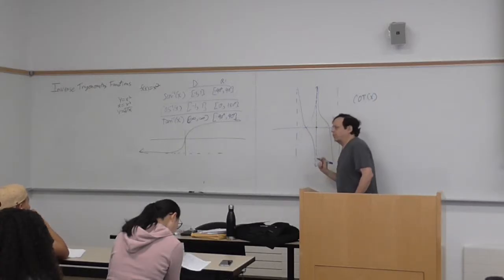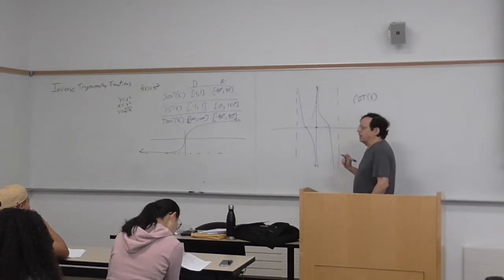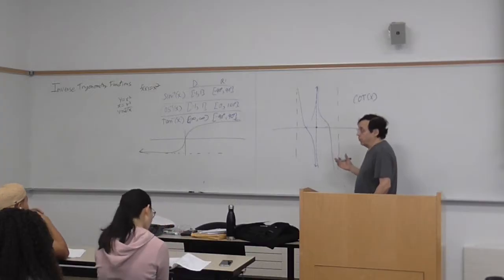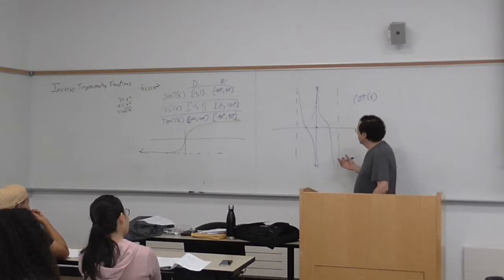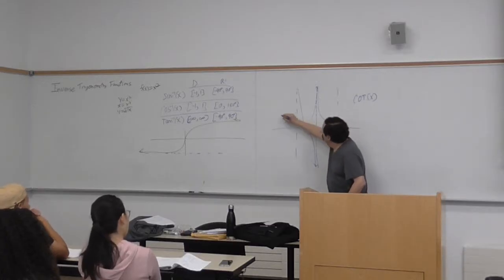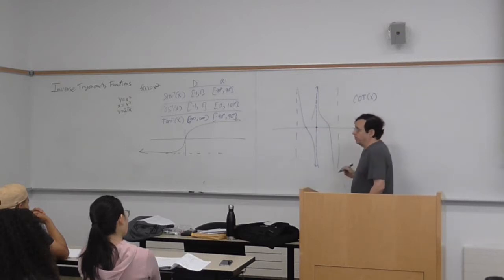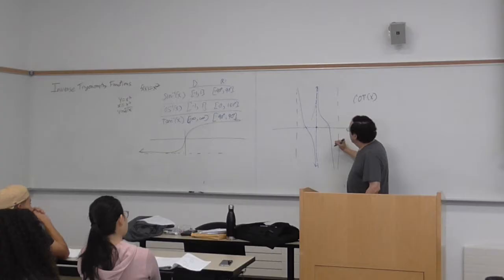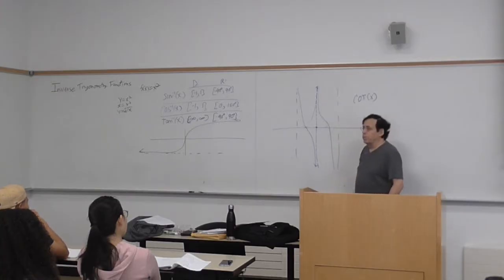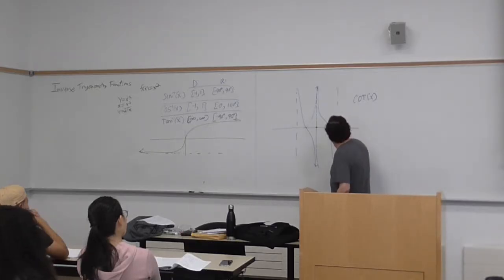I want to restrict the x's so that I end up with a one-to-one function. Right? This clearly is not one-to-one. If I draw a horizontal line, I pass through an infinite number of points. So all I want to do is restrict this so when I pass a horizontal line through, it only goes through one point. Would you just use 0 to pi? Yeah, absolutely. 0 to pi.